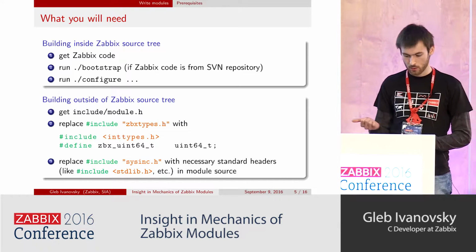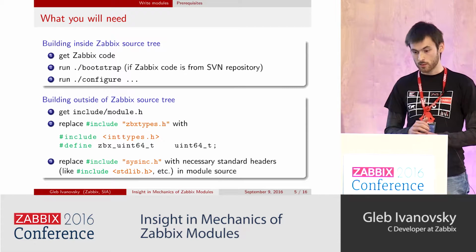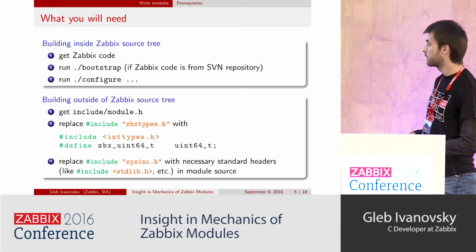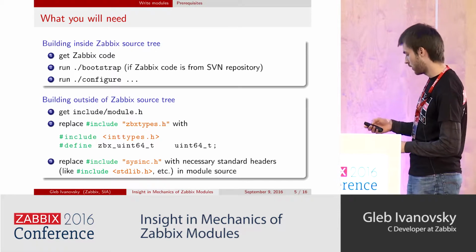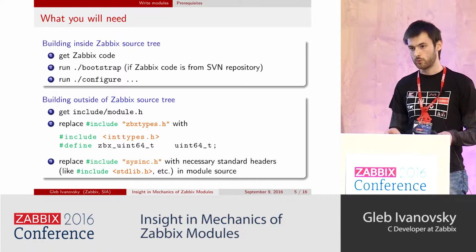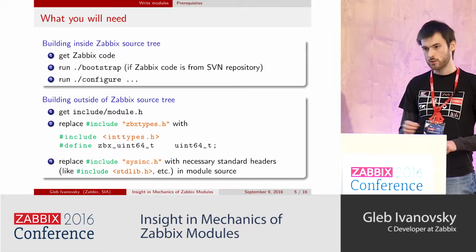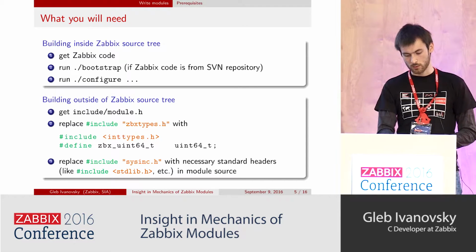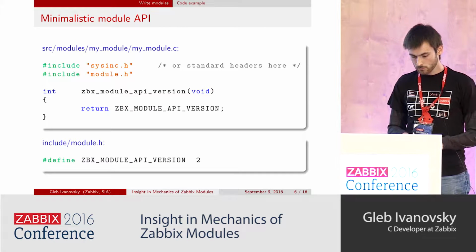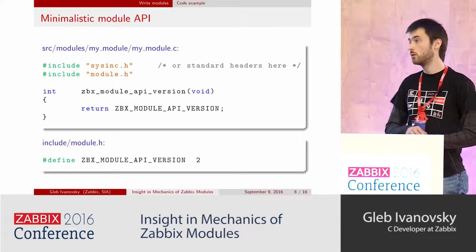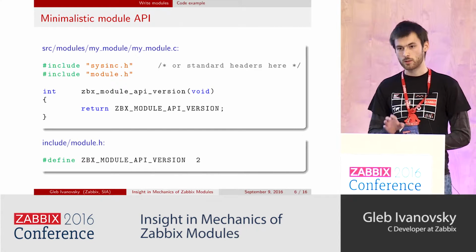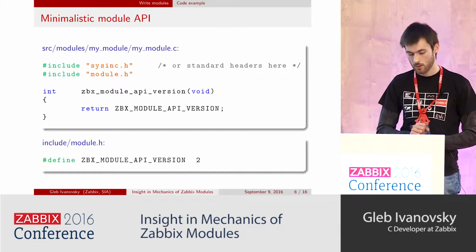Basically, you need to redefine the Zabbix 8-byte unsigned integer type, and instead of sysinclude.h, where all standard headers are put by the Zabbix configure script, you simply replace it by the specific standard headers you need. Just to see what things are needed for your Zabbix module to start working.